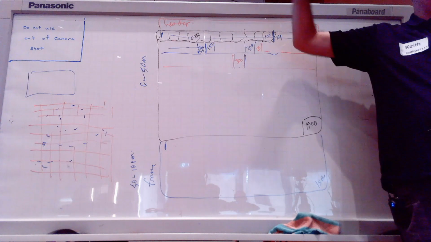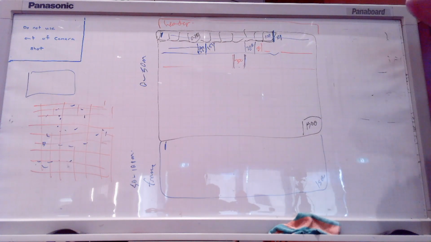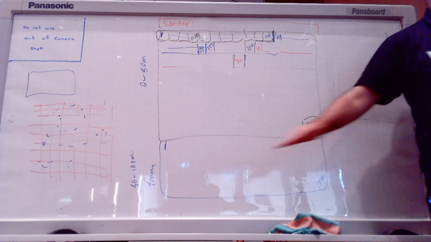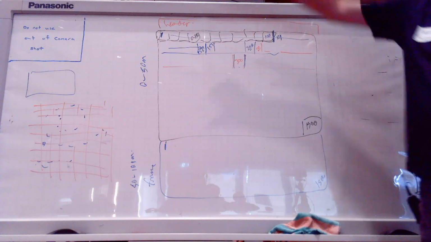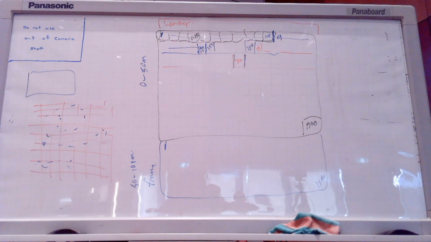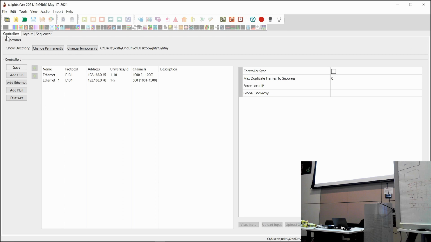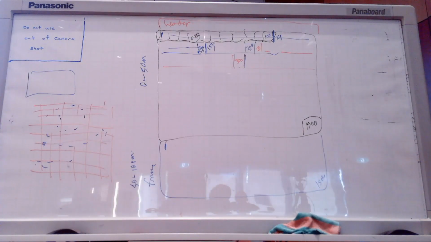It does have the sparse ability, so it can say, rather than writing all the data into the file, well, our second controller here goes from channel 1001 to 1500.